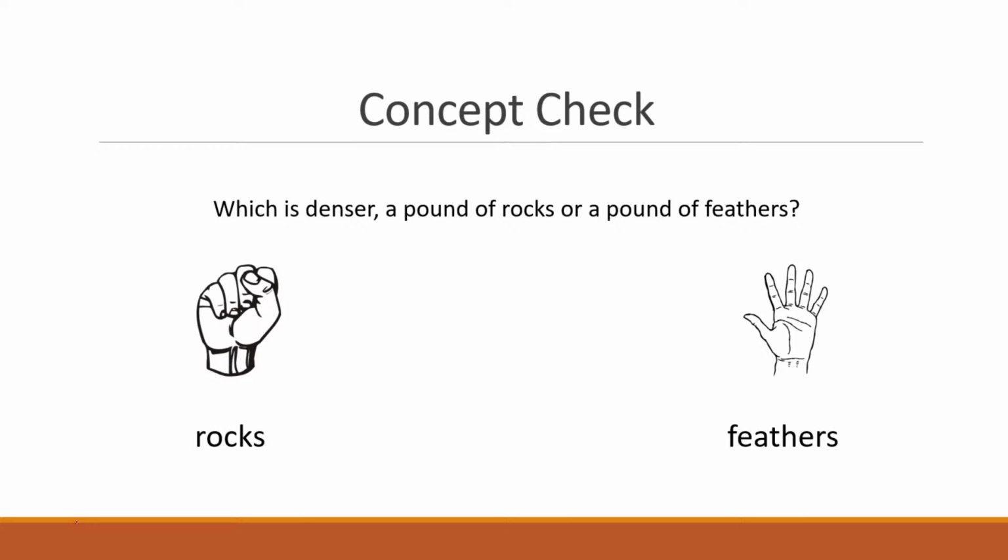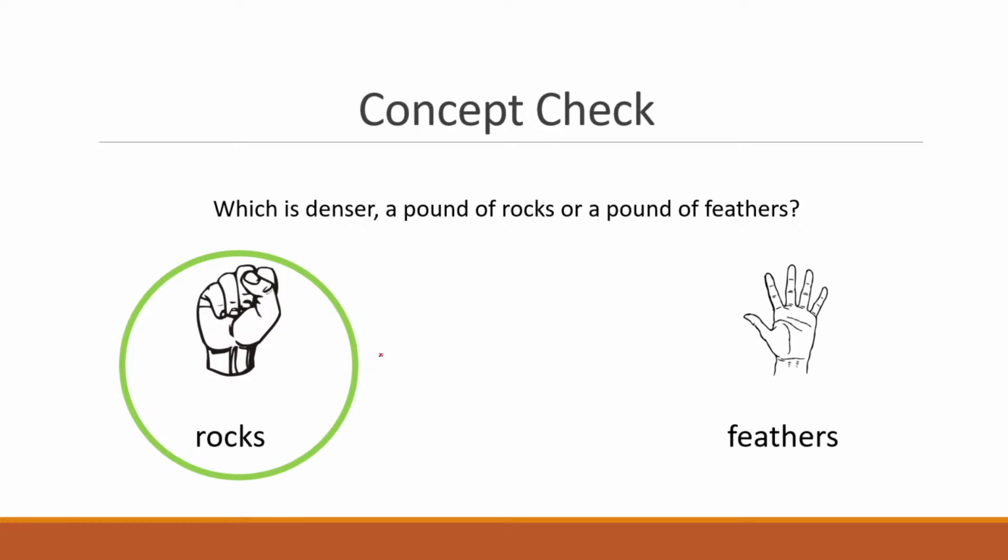So here, even though they weigh the same amount, they are both 1 pound, that does not impact density, right? Density talks about which one has the same mass in a smaller volume. And so if you have a pound of rocks and a pound of feathers, which one is going to take up less space? That's going to be the rocks, right?